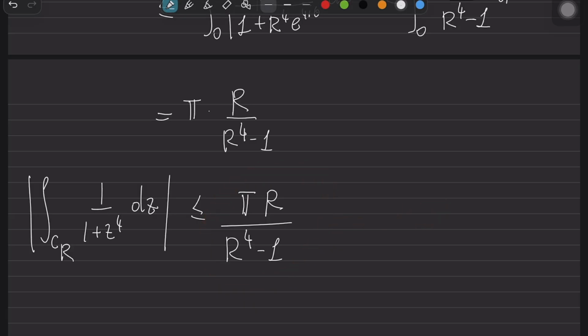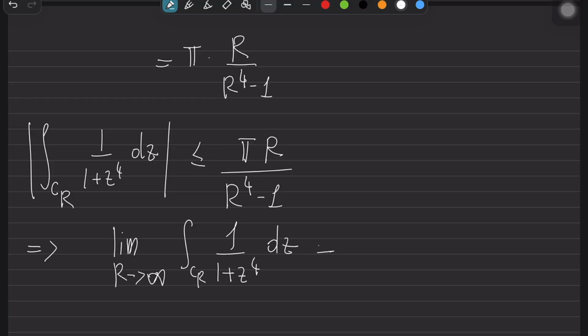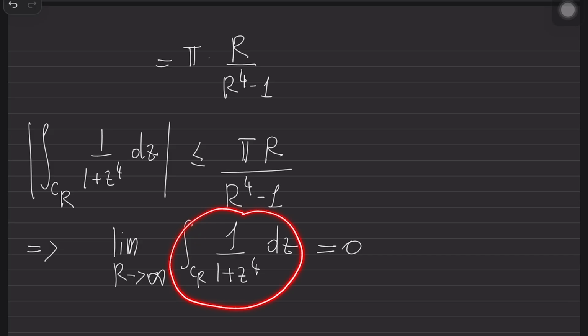So this implies that the limit as r goes to plus infinity of the integral over CR of 1 over 1 plus z to the power 4 dz is equal to 0. Why? Because I can bound the modulus of this integral by this object. This object goes to 0, so this has to be the limit.